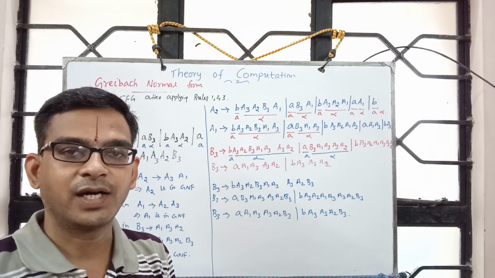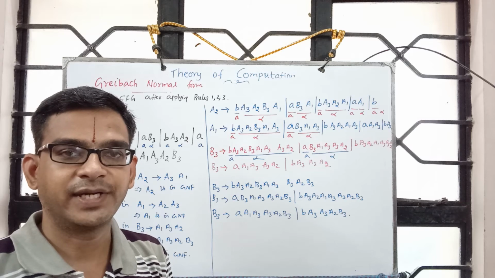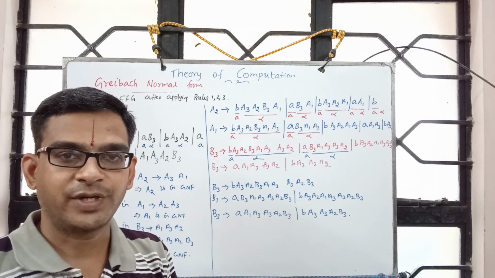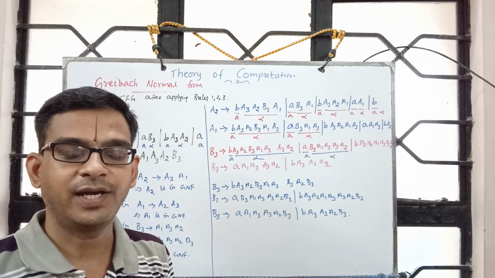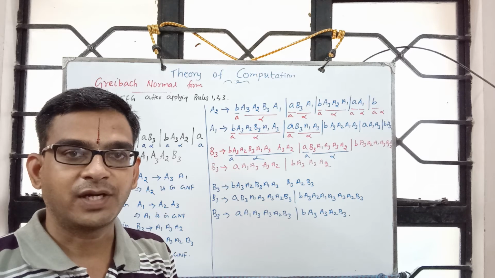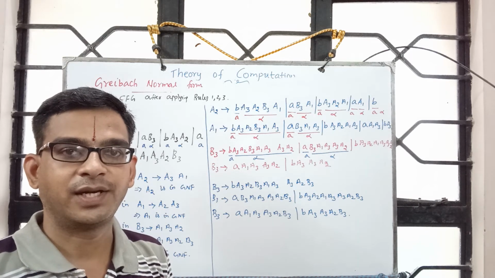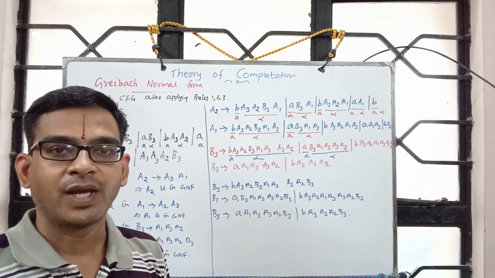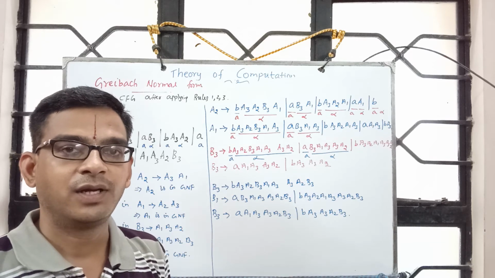First we check whether rule 1 is applicable, and we apply that as many times as we can until we see all productions of the type AK implies AK prime, where K prime is at least K, and then we check whether there are productions of the type AK implies AK alpha.